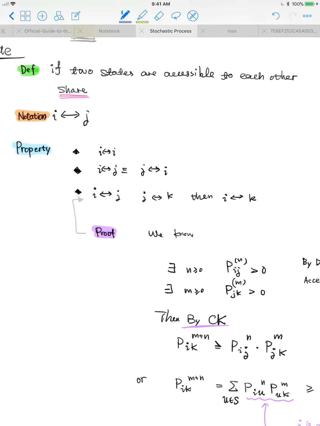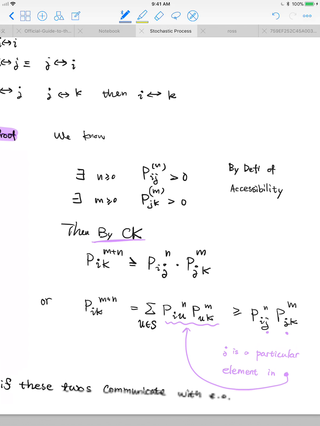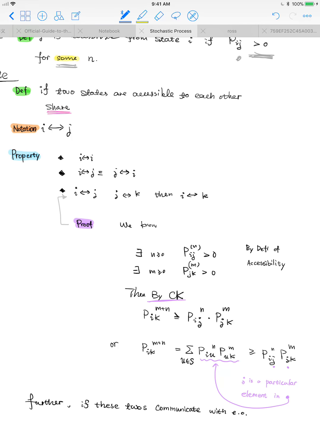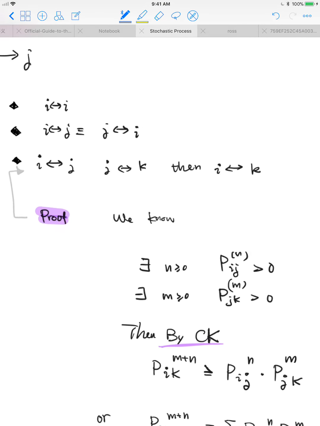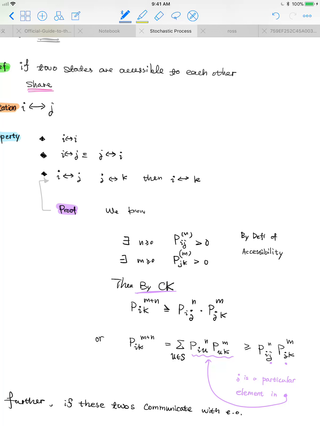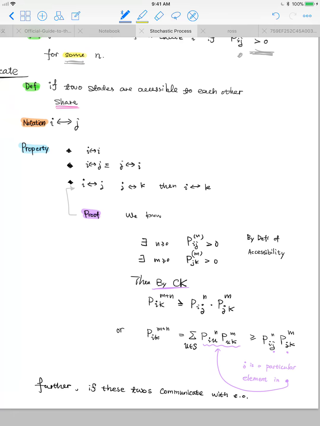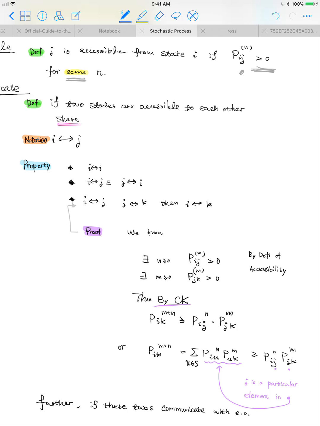How do we prove that? Just by applying the CK equation. From the definition of accessibility, since I communicates with J, put into mathematical language, there exist some integers m and n such that Pij(n), the n-step transition probability, is positive.